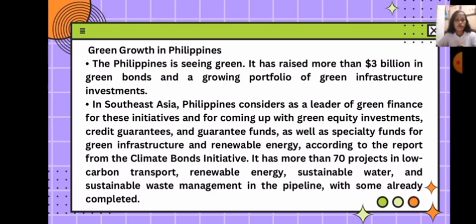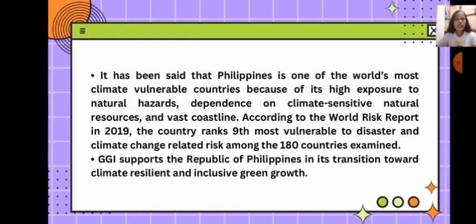So it has more than 70 projects in low carbon transport, renewable energy, sustainable water, and sustainable waste management in the pipeline, with some already completed. It has been said that Philippines is one of the world's most climate vulnerable countries because of its high exposure to natural hazards, dependence on climate-sensitive natural resources, and vast coastline.